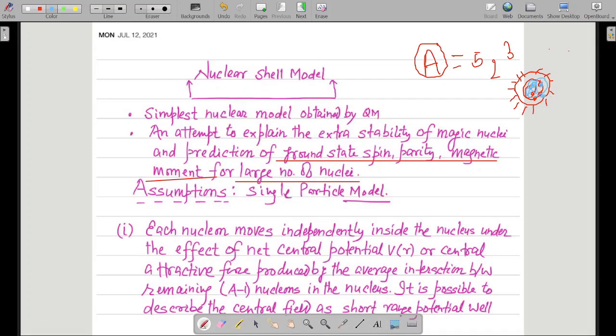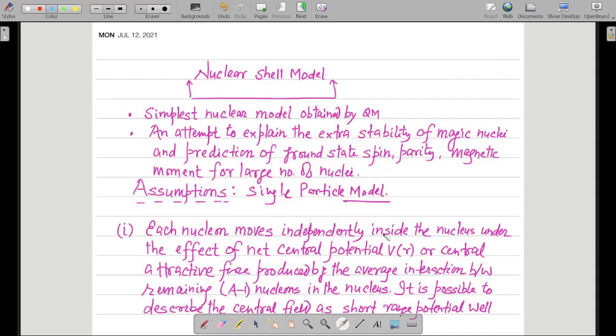Similarly, if we have A nucleons, the central potential developed will be because of the other A-1 nucleons.